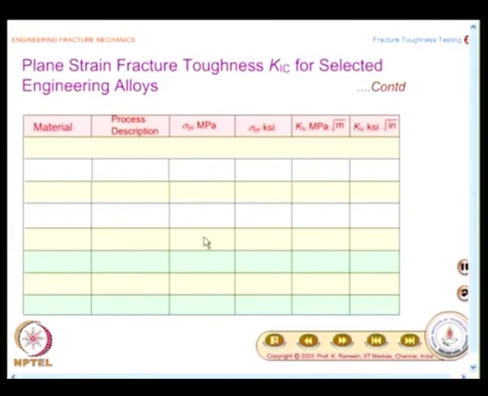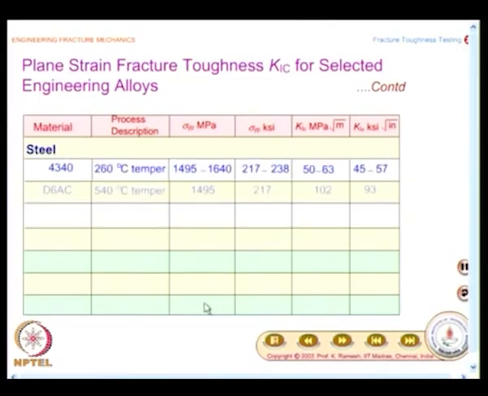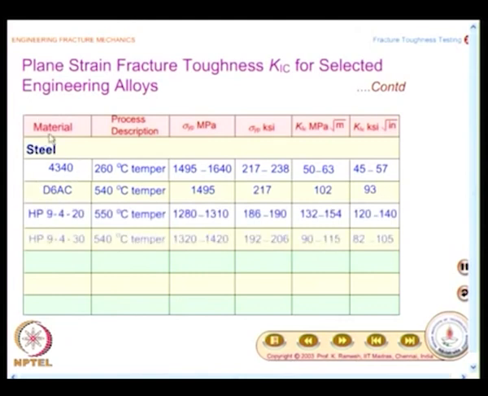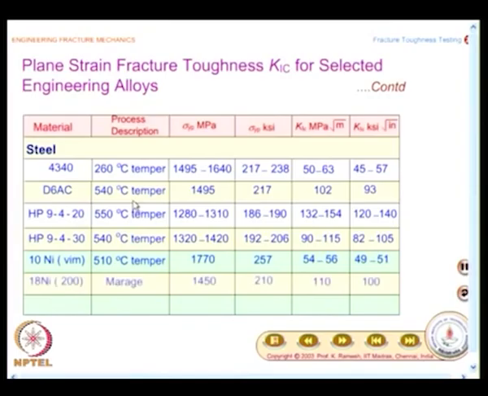and we may write just for 3 specimens. I have the material given, and these are the various processes by which the material is obtained, and you have the yield strength in MPa, and we have the stress intensity factor as MPa root meter.